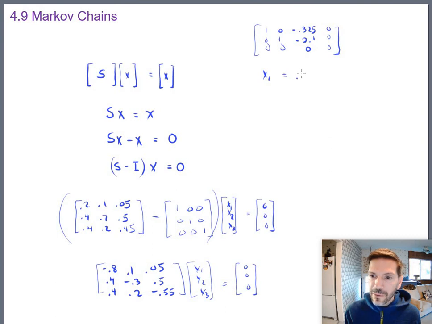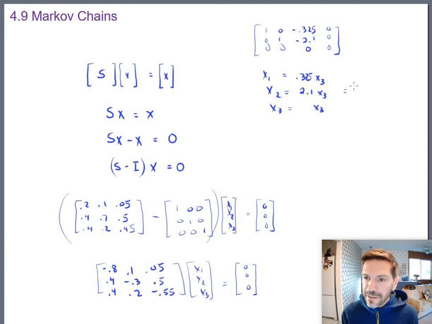So x1 equals 0.375 x3, x2 equals 2.1 x3, and x3 equals x3. That tells us the steady state solution vector is any multiple of 0.375, 2.1, 1.